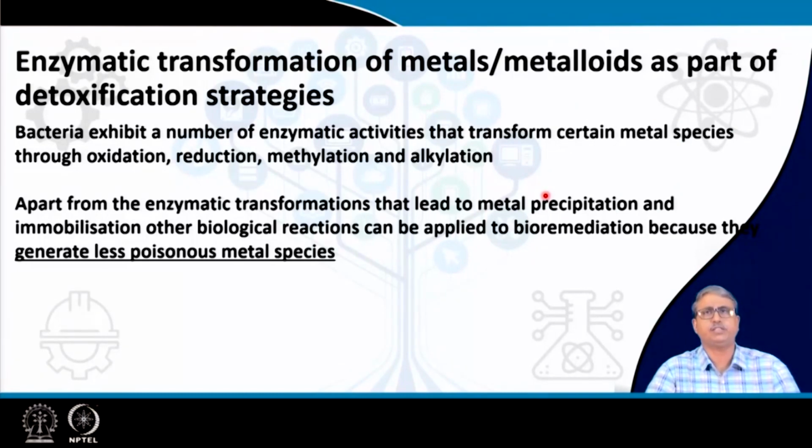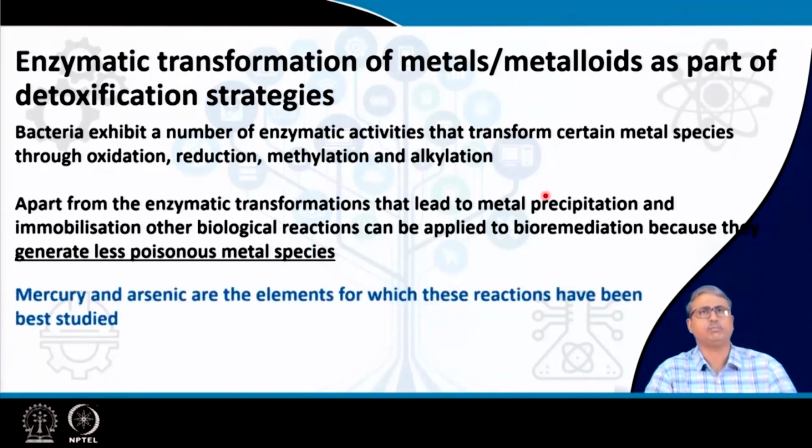These enzymatic transformations lead to the conversion of the metals or metalloids into a less toxic or altered form, which can then be utilized in the bioremediation process. Mercury and arsenic are the elements for which these reactions are best studied and implemented for bioremediation processes.